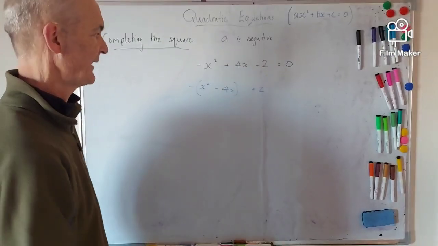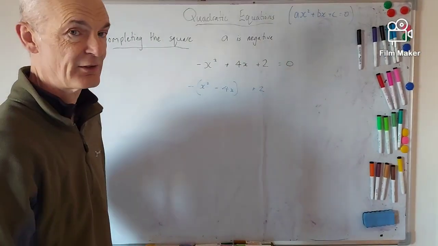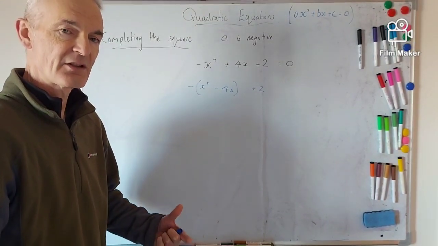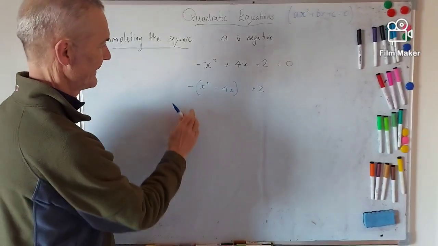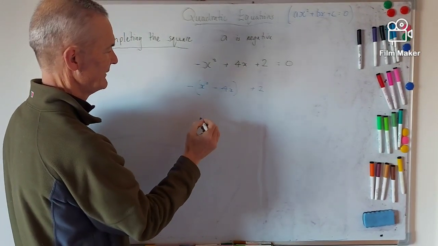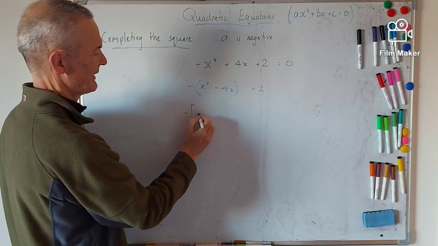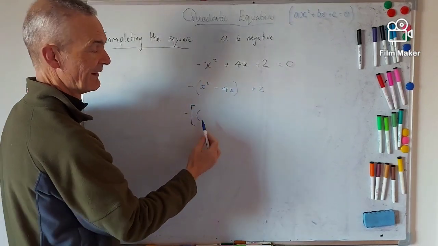Now we can go ahead and complete the square. Now I'm assuming you know how to do this. If you've not, check out one of my earlier videos. Okay, so the technique here is we're going to have our minus, then we're going to have a big bracket and a smaller one.